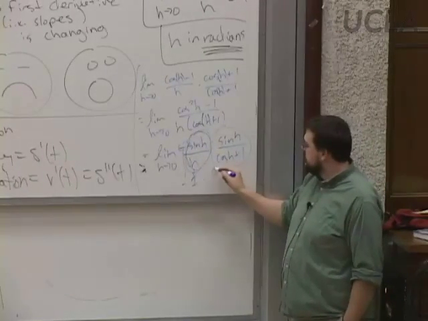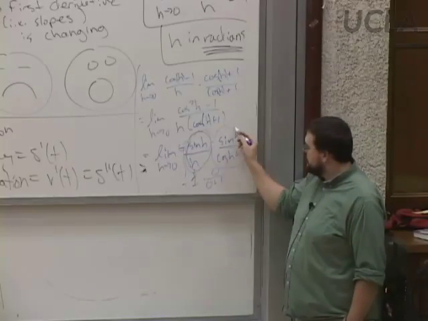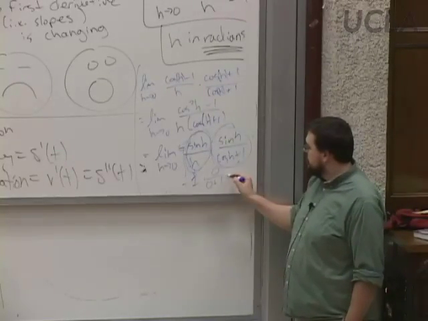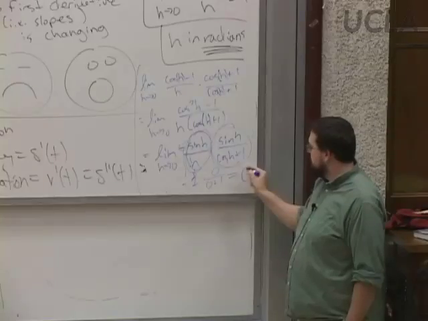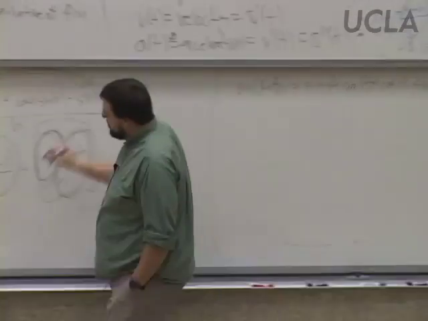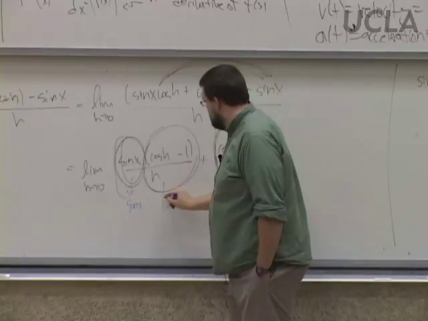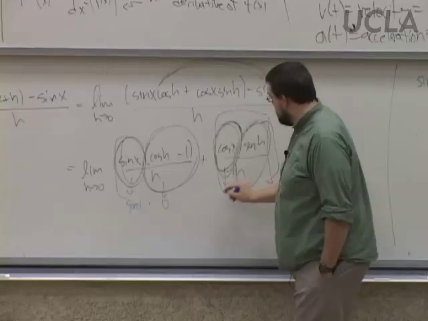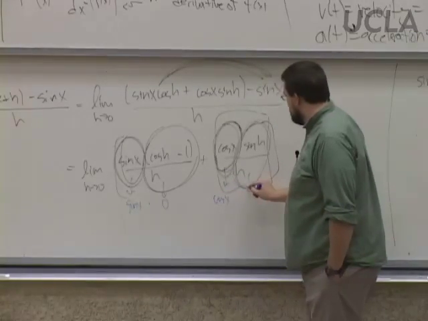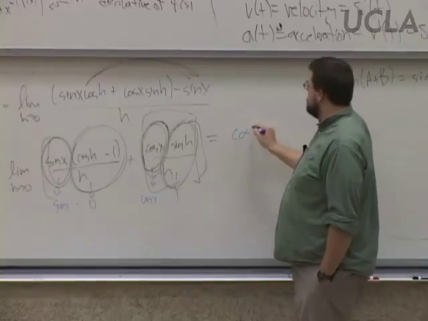Sine of 0 over cosine of 0 plus 1 tells us that this part goes to 0. So the whole limit is 0. Okay, so to recap, this goes to sine, this goes to 0. This goes to cosine, this goes to 1. Put it all together, and you get cosine.